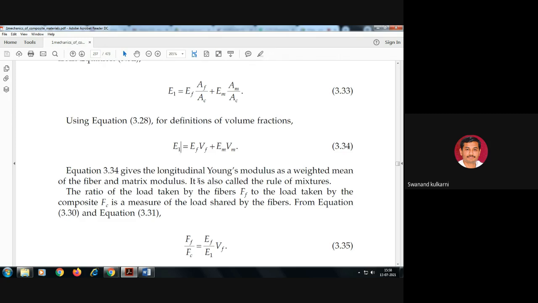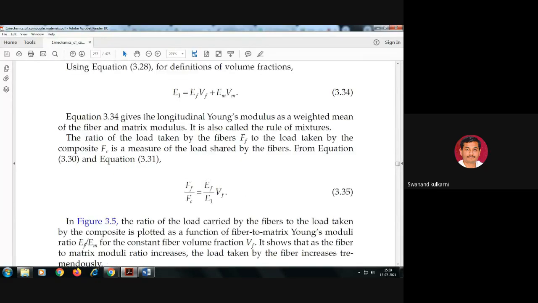So try to take into consideration this particular concept. Whenever we are going to calculate the Young's modulus, that Young's modulus is nothing but EFVF plus EMVM. So E1 is equal to EFVF plus EMVM here. Is it okay?